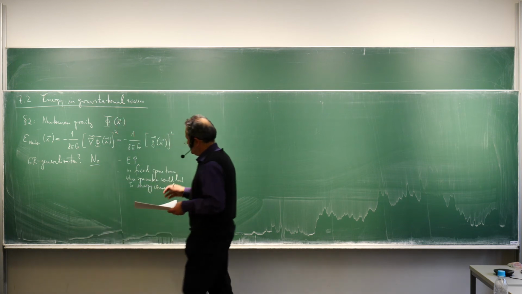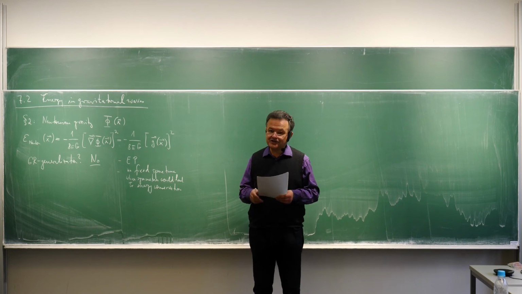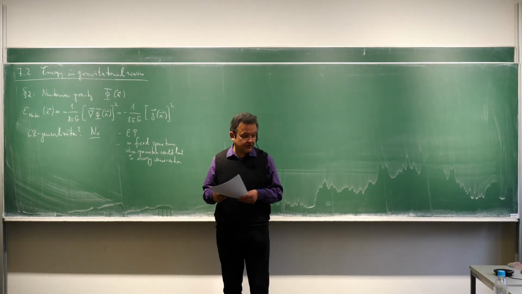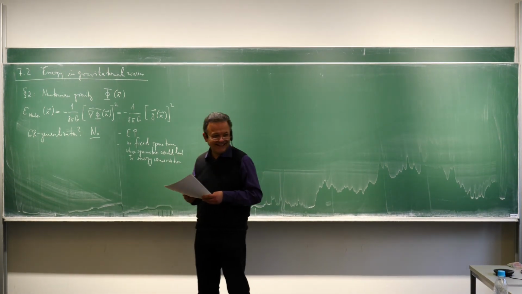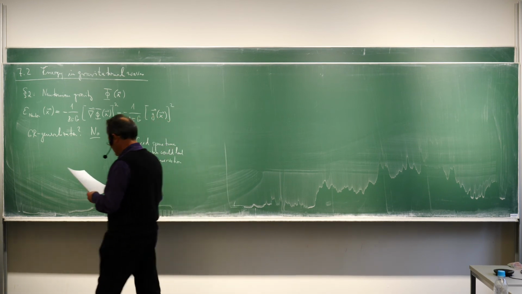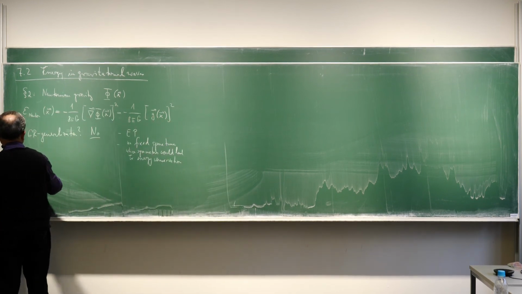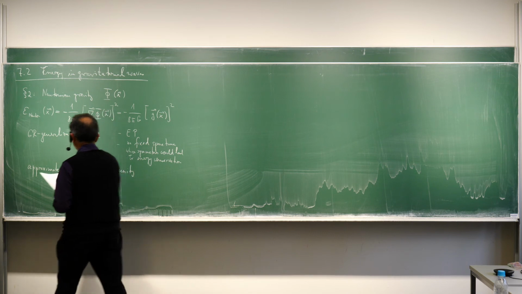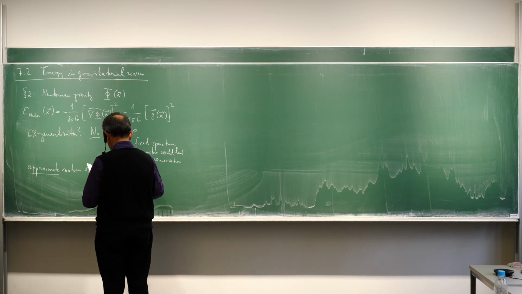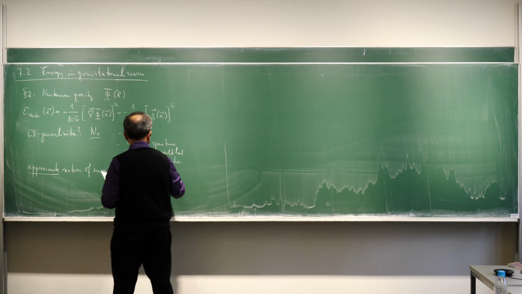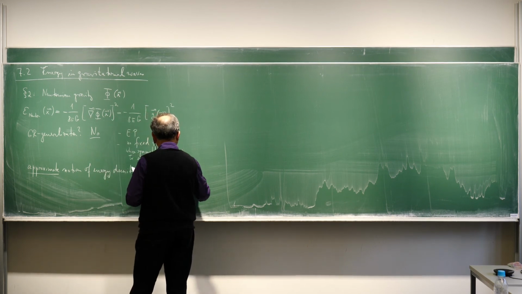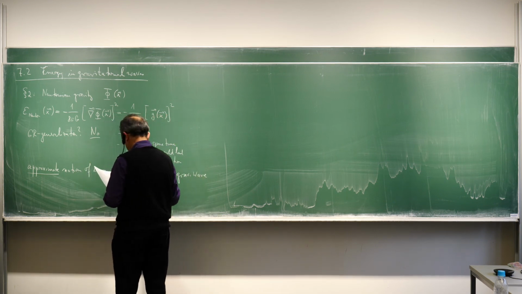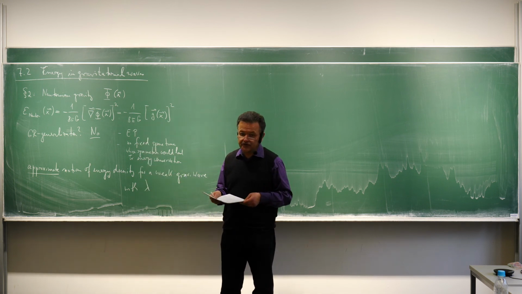Still, we can do something, and this something is now restricted to the case of weak gravitational waves that propagate on a flat background or on a fixed background. And so here, we have an approximate notion of energy density for weak gravitational waves whose wavelength lambda is much smaller than any curvature scale of the background.